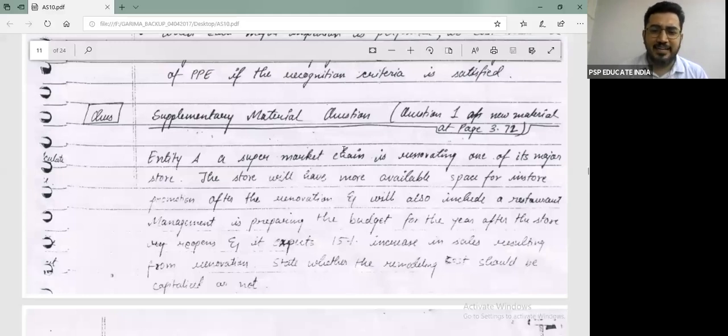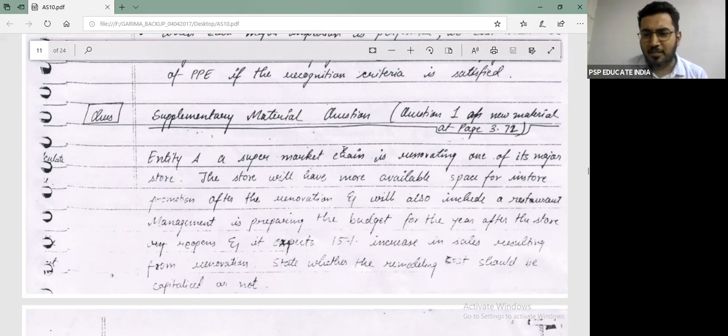It says entity A, a supermarket chain, is renovating one of its major stores. The store will now have more available space for in-store promotion after the renovation. तो renovation के बाद in-store promotion की जगह और बढ़ जाएगी. And it will also include a restaurant.